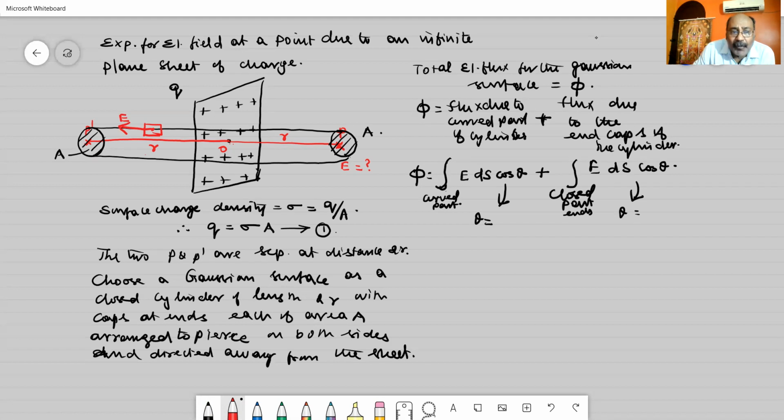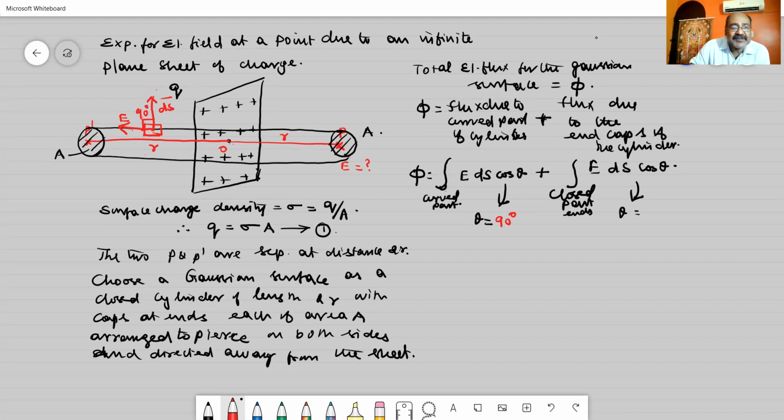When you drop a normal, the normal is considered to be the ds vector or dA vector, which is perpendicular to the electrical field. So the angle between the normal drawn and the electrical field, which we consider as theta, is 90 degrees. So in the curved part, theta becomes 90 degrees.